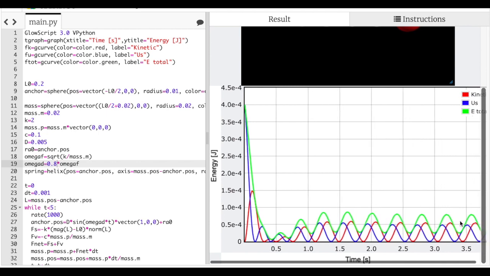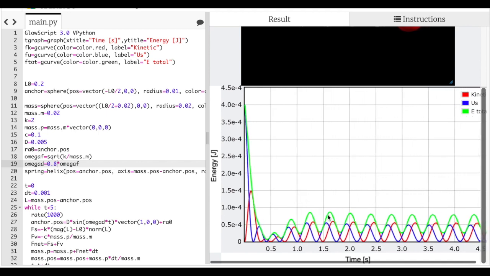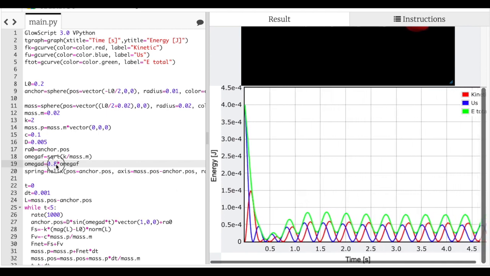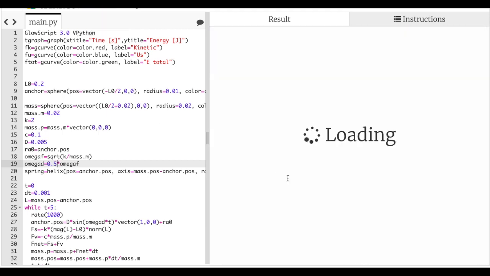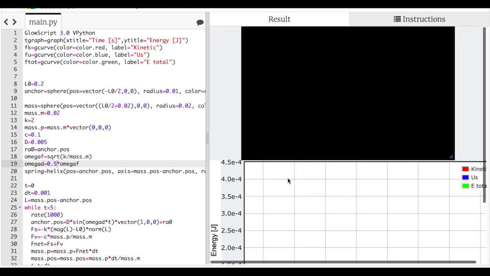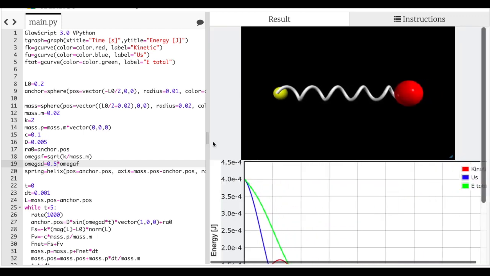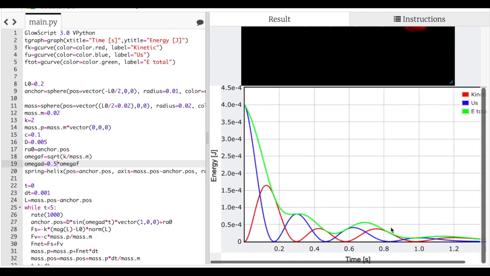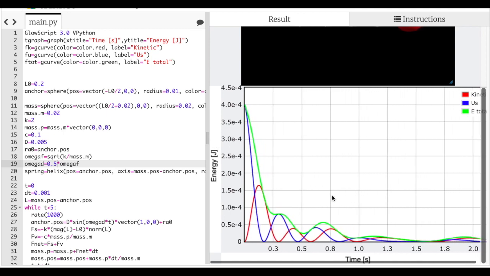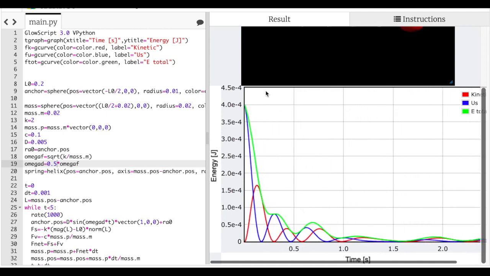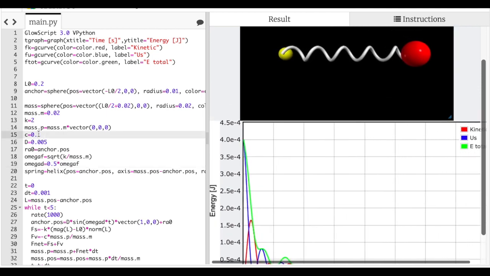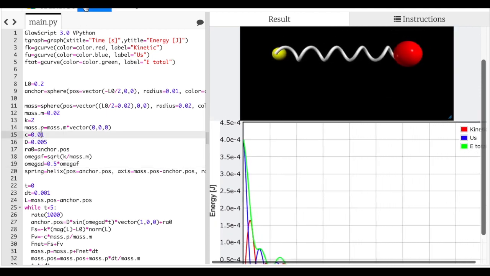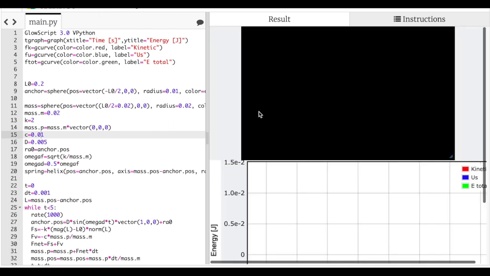I think it might be decreasing. It's pretty close though. Let's decrease this down to 0.7. Let's do 0.5. But I have a fairly high damping force. Yeah, so now it's just going to stop, right? It doesn't really have enough to get the thing going. But if I decrease the damping force to 0.01, then you'll get a lot more cool stuff.